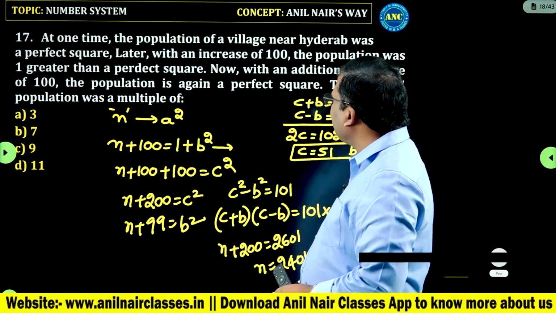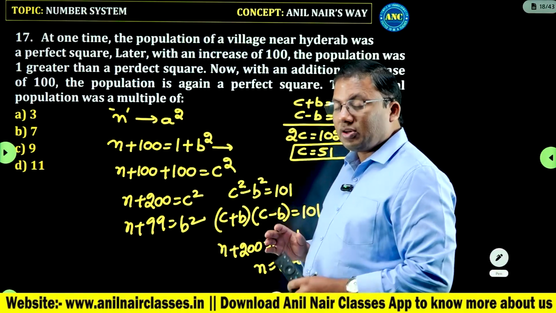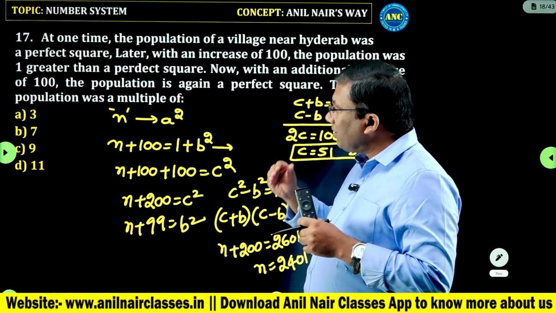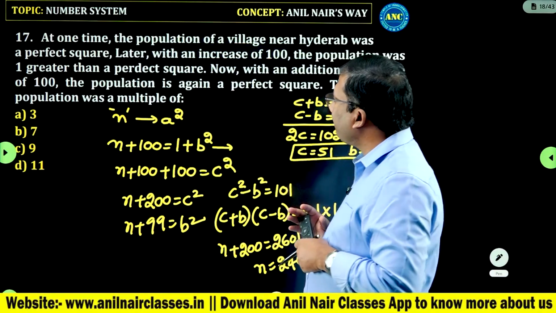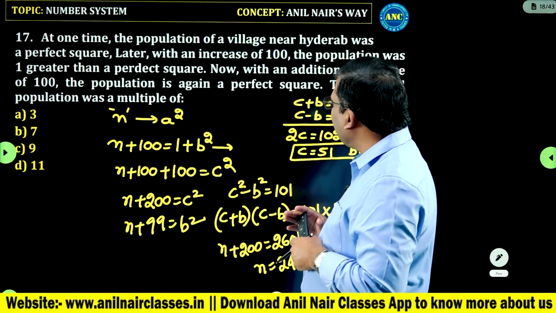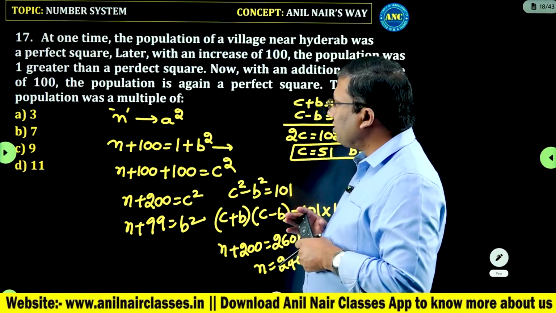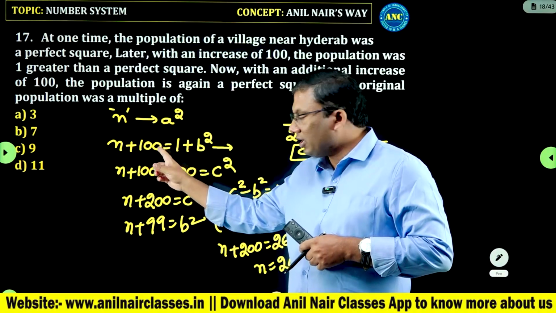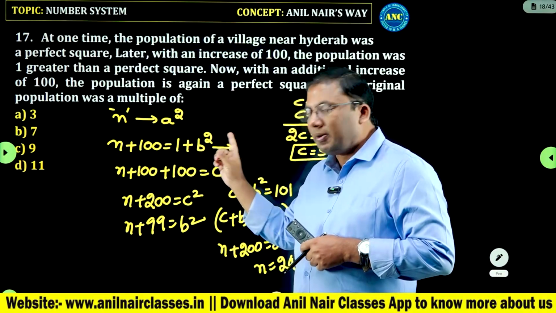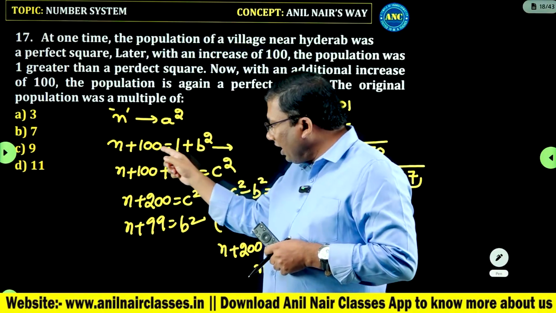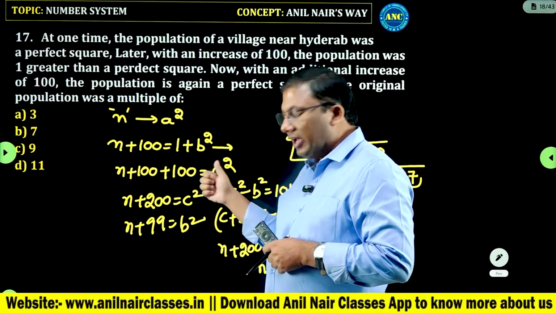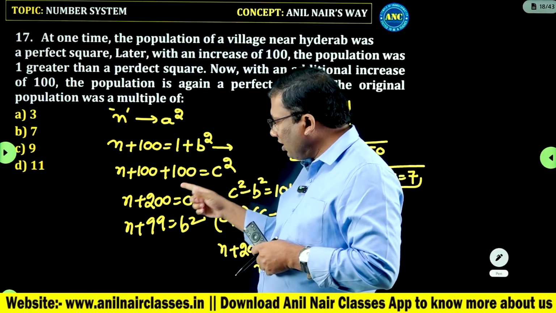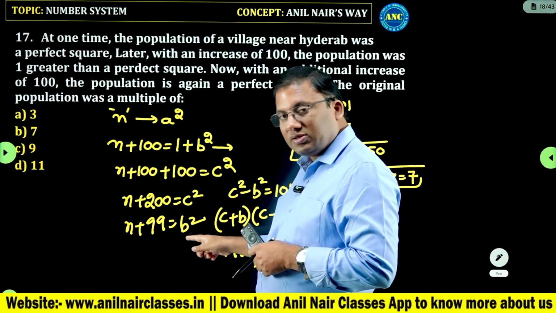At one time, the population was a perfect square. I took that number as n, which is a perfect square, a square. Later, with an increase of 100, the population is 1 greater than a perfect square. If I add another 100 to it, again it is a perfect square. N plus 200 is c square, n plus 99 is b square.